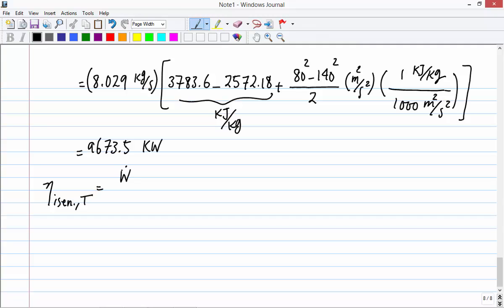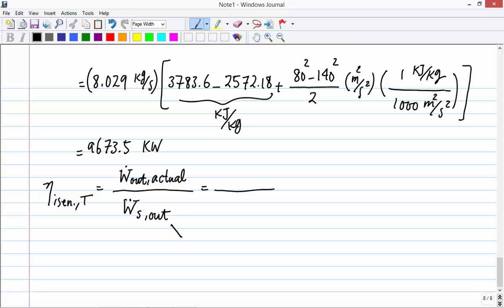The smaller one was the real world, the actual world. So the actual work at the outlet divided by the isentropic. In the ideal world, a good turbine gives us more energy. See, I'll show you. Isentropic, S, outlet.